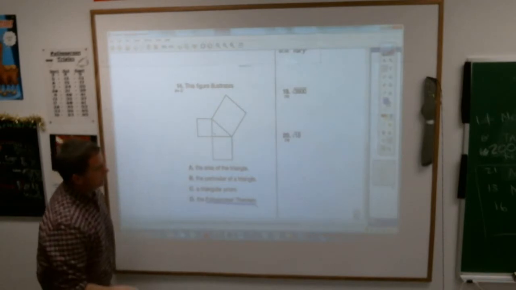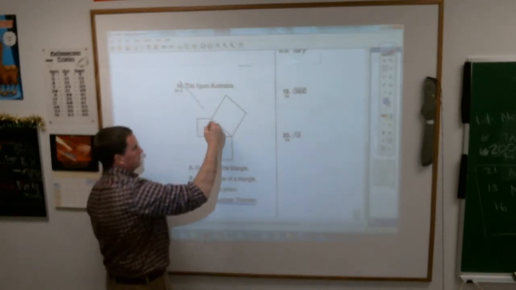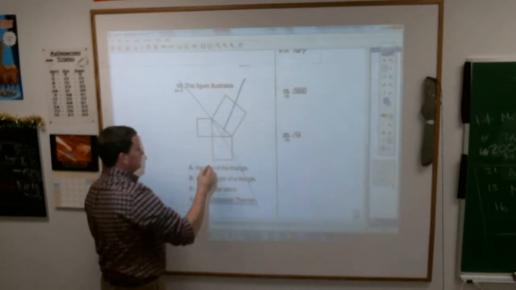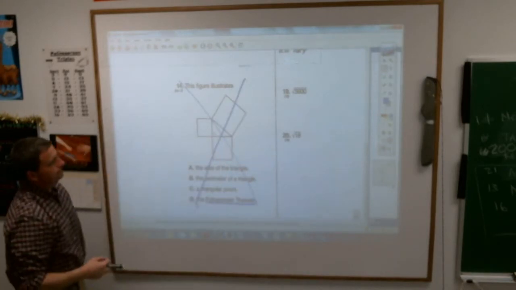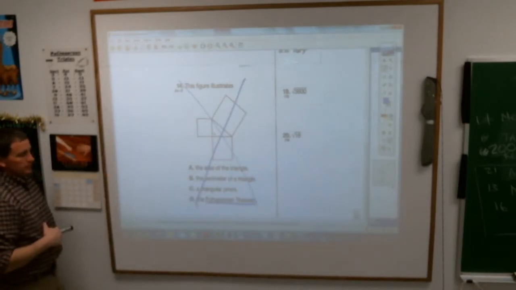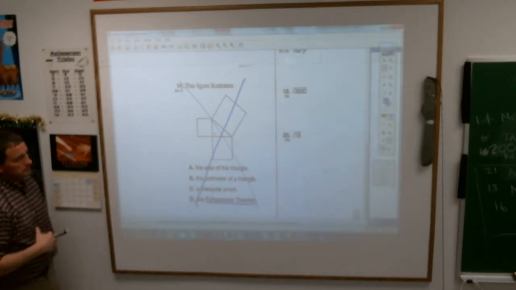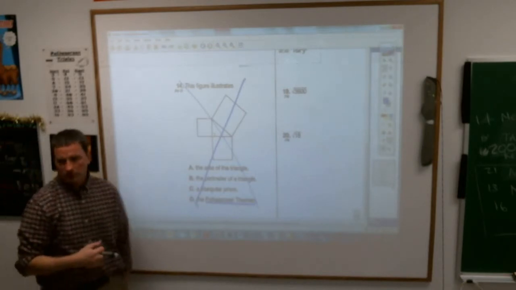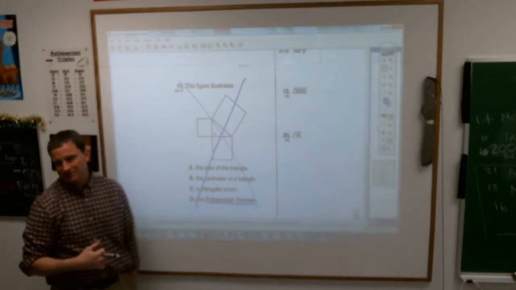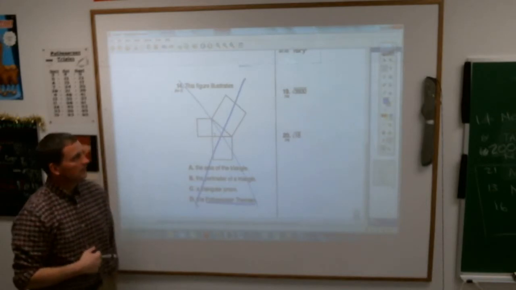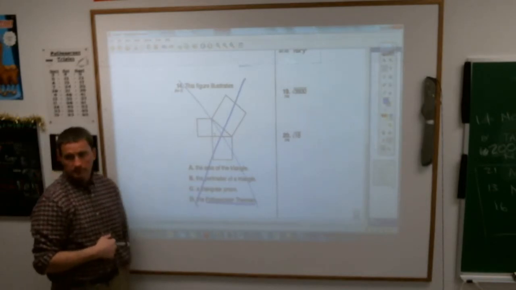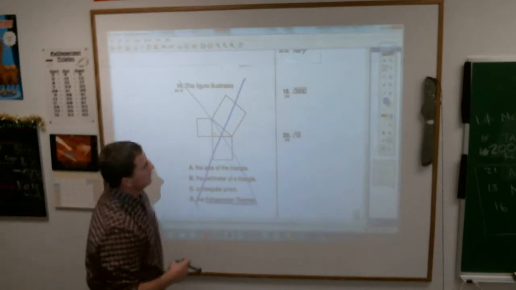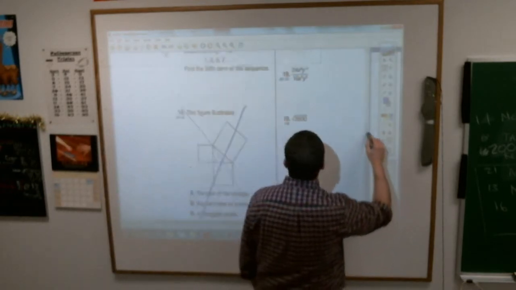But just skip 14 for right now. I concur on that. We don't have to do it. Can we do it for extra credit? No, it'll be the Pythagorean theorem tomorrow too.